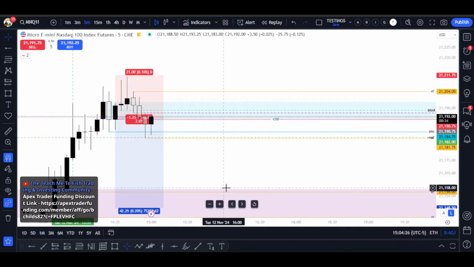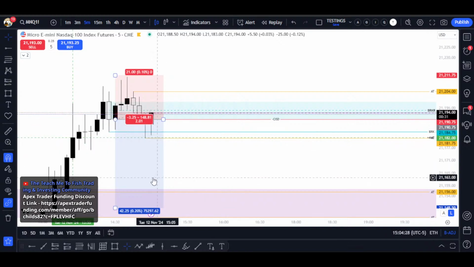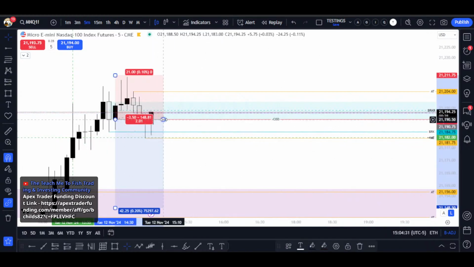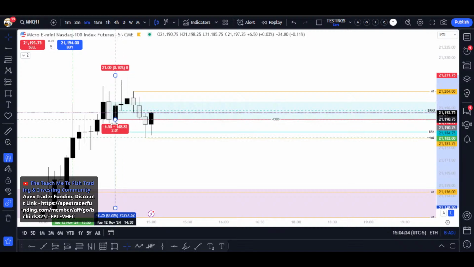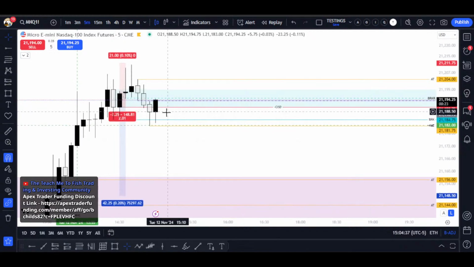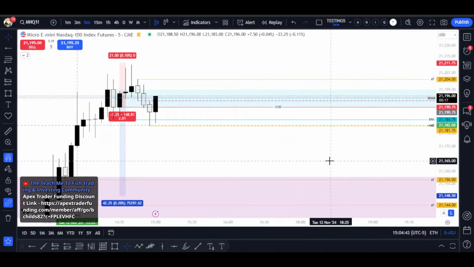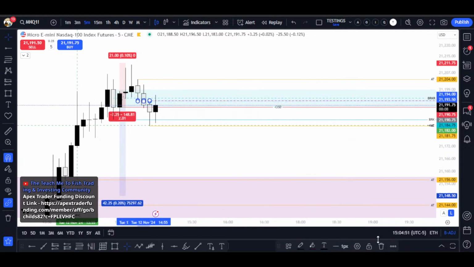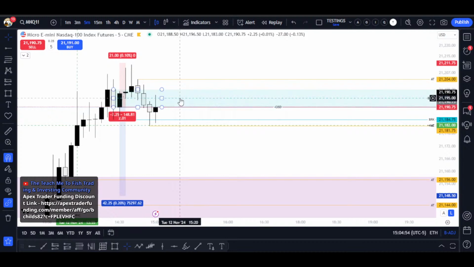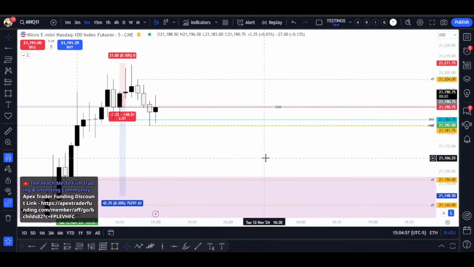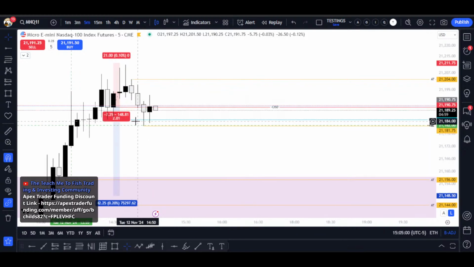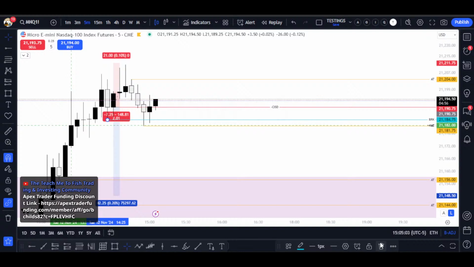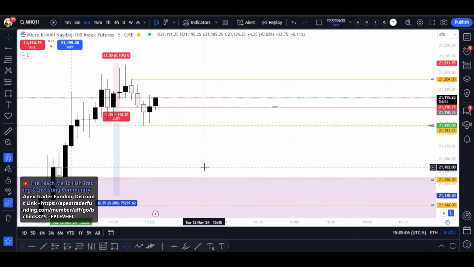But again, my 4 hour bias is bullish, so I'm waiting for a bullish setup below 21,182. I'll go ahead and get rid of these things here because it's not really what I'm looking for. I'll leave the hypothetical change in state of delivery trade.